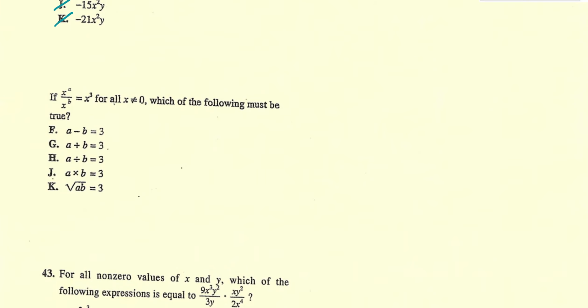Okay, this next example. They're asking the rule, but just kind of in a generic form here. What they're saying is this. They're saying if you have x to the a power divided, because they're dividing here, that's telling me I'm dividing, and I get x to the 3rd, what did I do with those a's and b's?